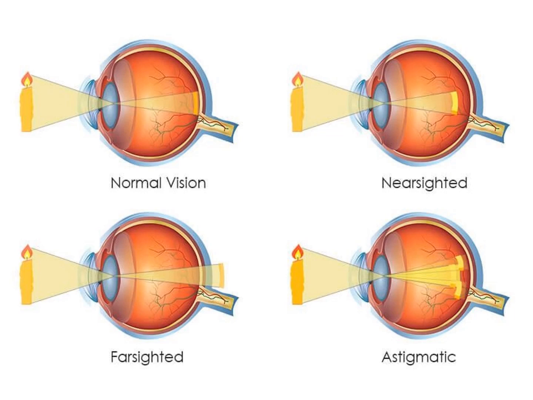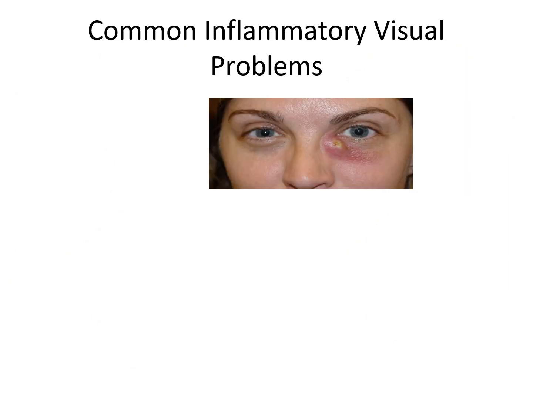And of course, astigmatism, as we mentioned earlier, is a problem caused by the distortion of the light that is being reflected.